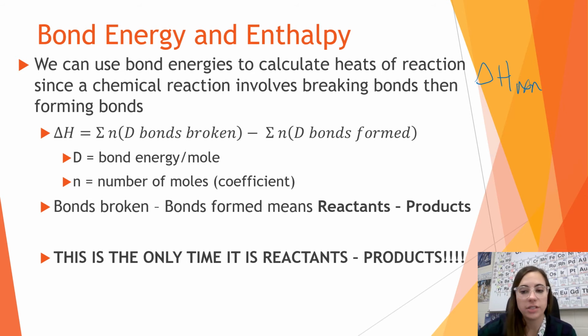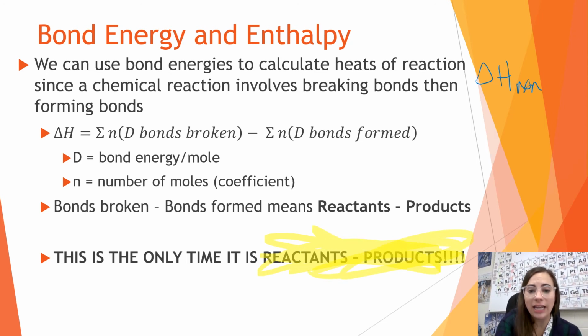It looks very similar to our other ones, but it's not given to you. Here's the big difference. When you are using bond energies, you do reactants minus products. All right? So just stick it in your brain right now. When I use bond energy, I do reactants minus products.